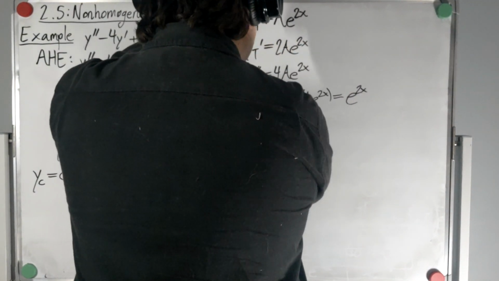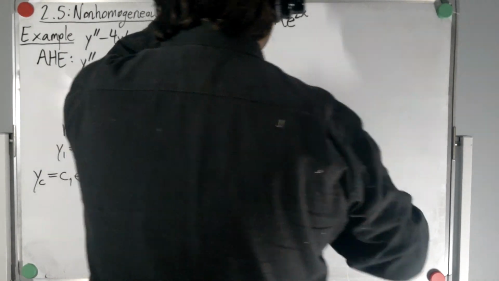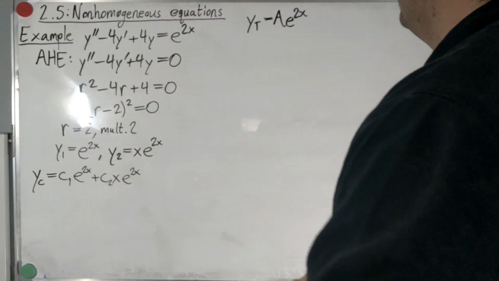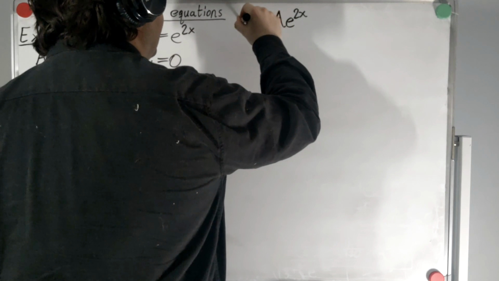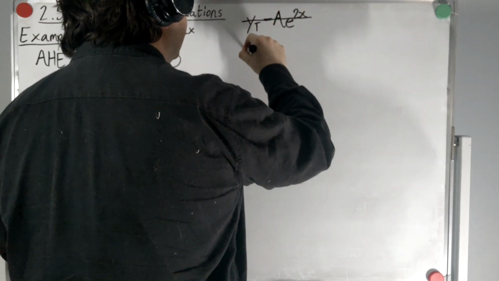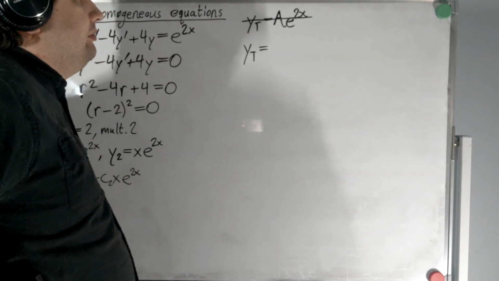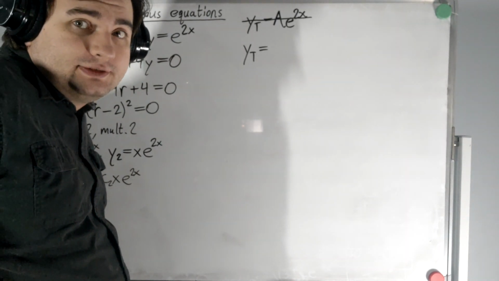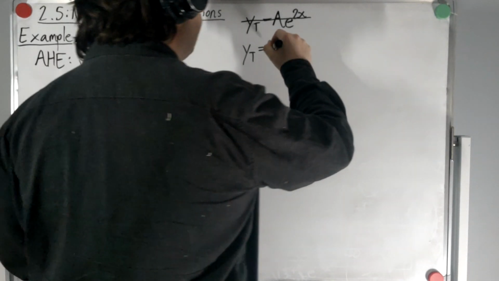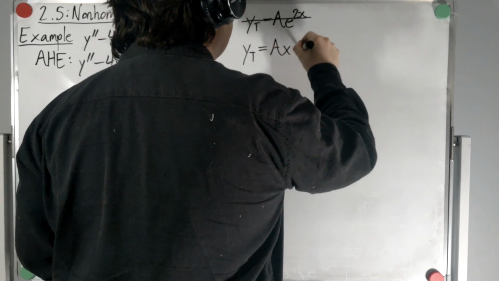Well, the procedure is very simple. You just get rid of your guess, and you come up with a new guess. And the new guess is just going to be the old guess multiplied by x. So a x e^(2x).